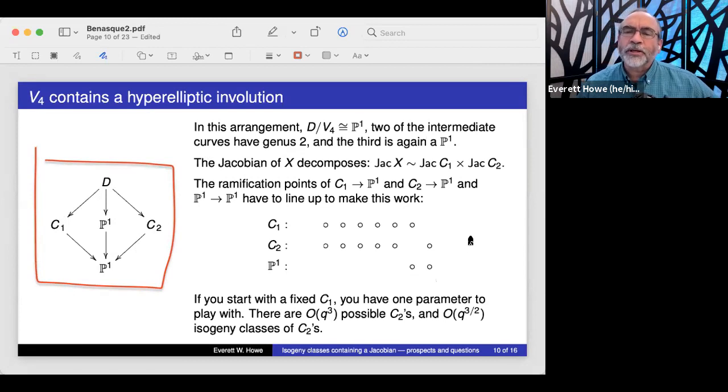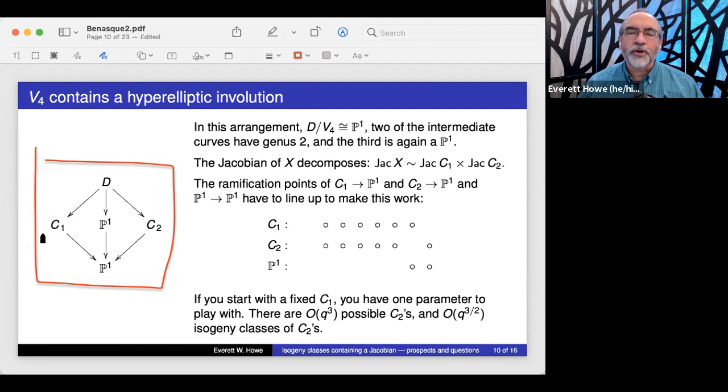In this arrangement, two of the intermediate covers have genus 2, these two curves, and the third is again a P1. And the Jacobian of D decomposes as the product of the Jacobians of the two C's.